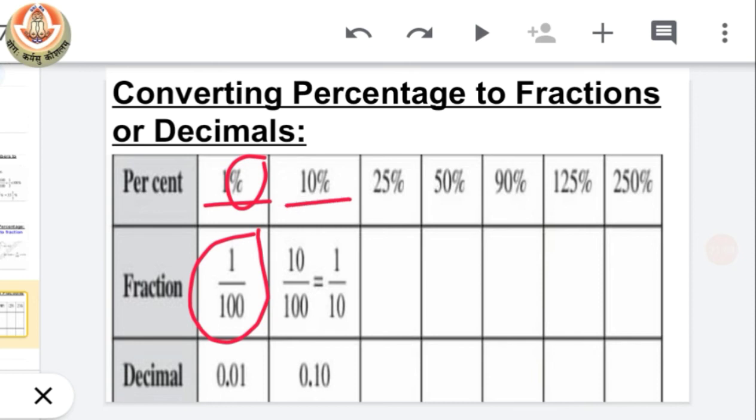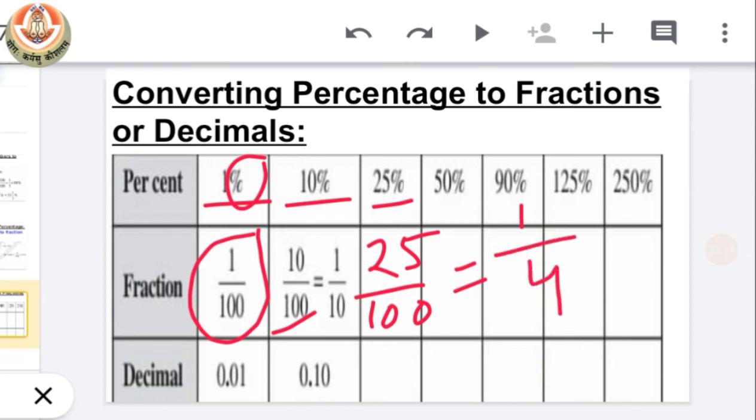You can see for 10% we just divide it by 100. For 25% also we divide it by 100, and when we solve it further we get the answer 1 upon 4.